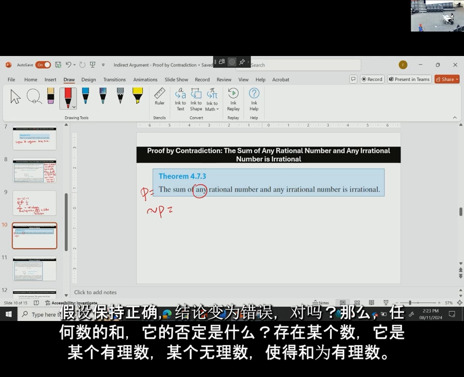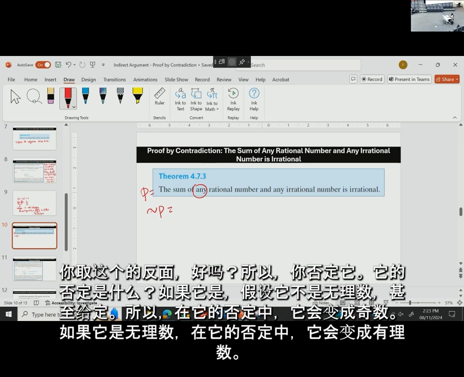So there exists some rational number and some irrational number such that the sum is rational. You take the opposite of this one.